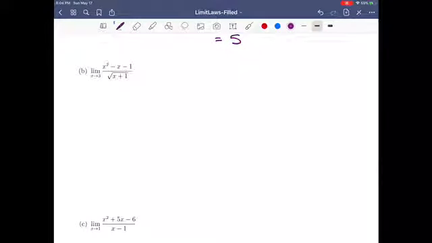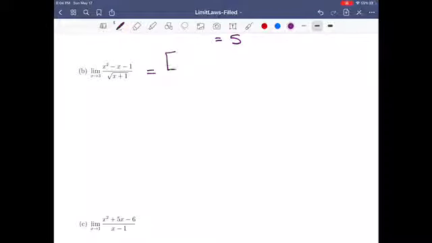Okay, let's try another one. So here we have the limit as x goes to 3, and then we have a fraction here, so x squared minus x minus 1 over the square root of x plus 1. So we're going to hope that we can use the quotients rule, so the limit rule for quotients.